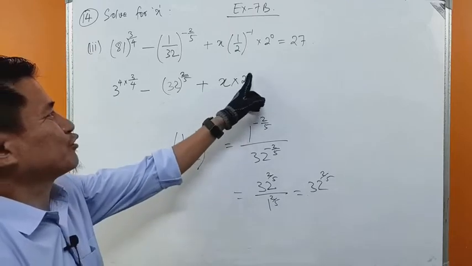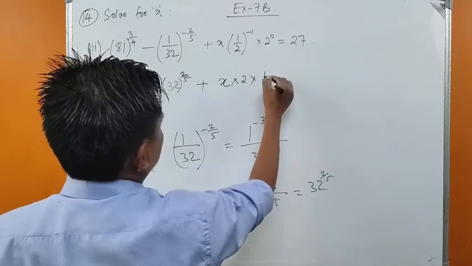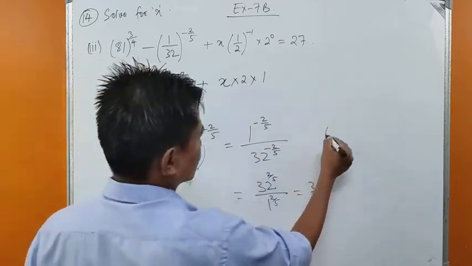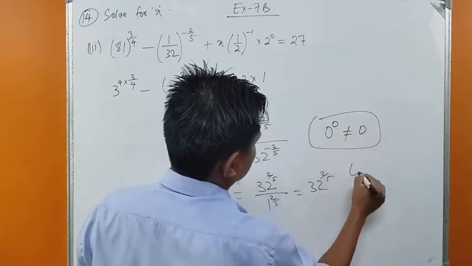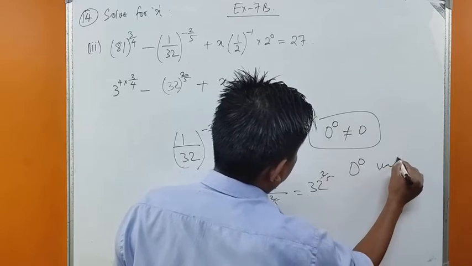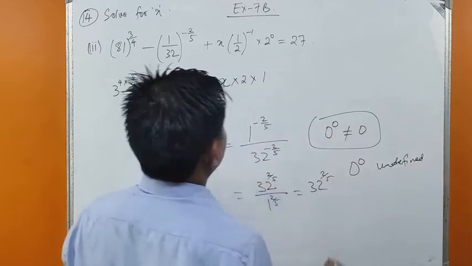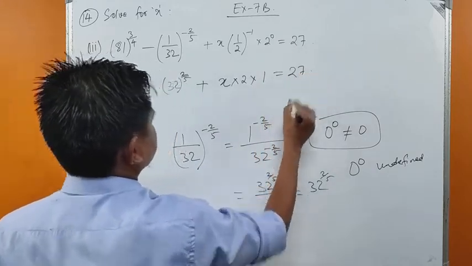Into 2 to the power 0 means 1. Any number raised to power 0 is always 1 except 0 to the power 0, which is not equal to 1. 0 to the power 0 is undefined. Other than 0, any number raised to power 0 is 1. So 2 to the power 0 is 1, equals 27.